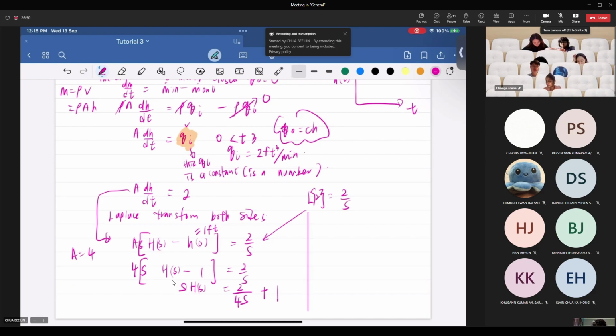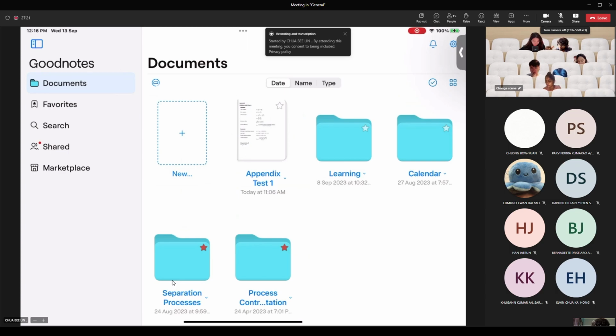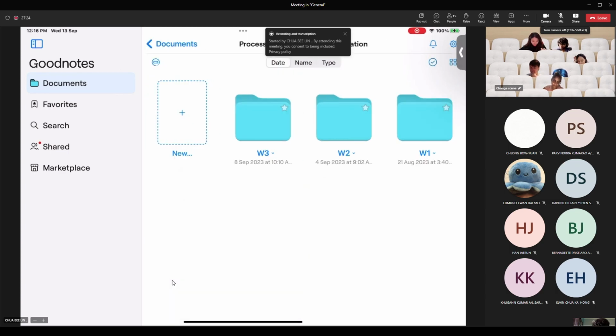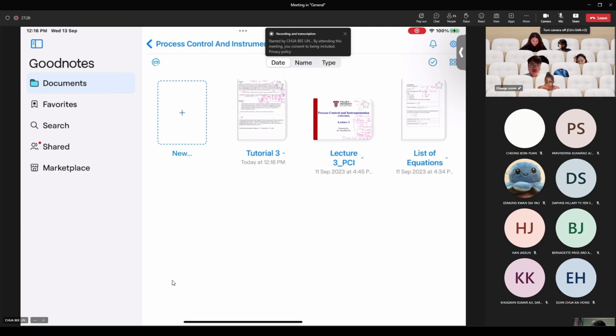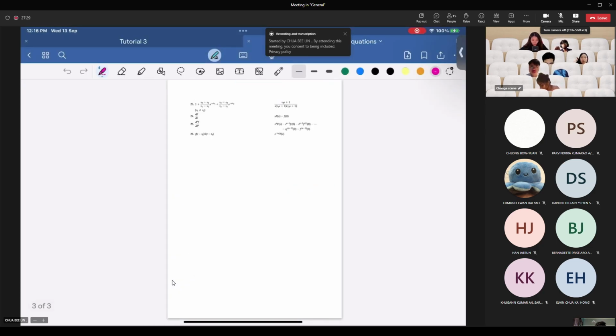So we'll be having H(s) equivalent to 2 over 4s plus 1 over s. So split into 2, we'll be having 2 over 4s multiplied by 1 over s plus 1 over s. So it will be 1 over 2 s squared plus 1 over s, H(s). Then refer to the Laplace table, you will get this equivalent to 1 over s squared. It's a direct conversion. So let me open up my Laplace transform table. This one. So 1 over s squared.